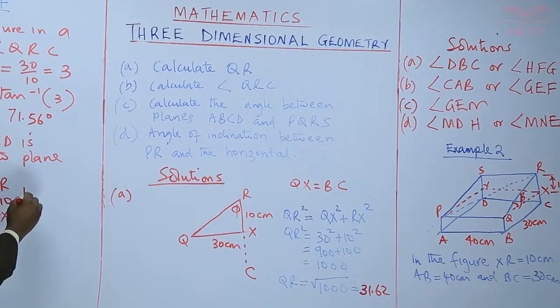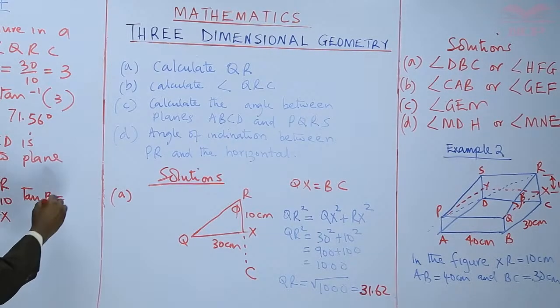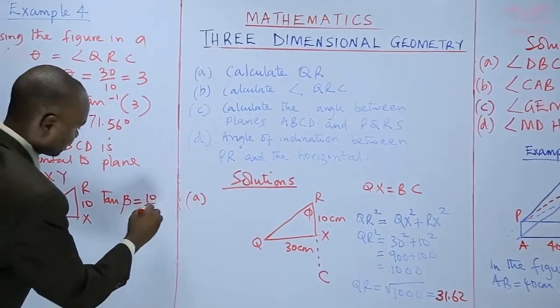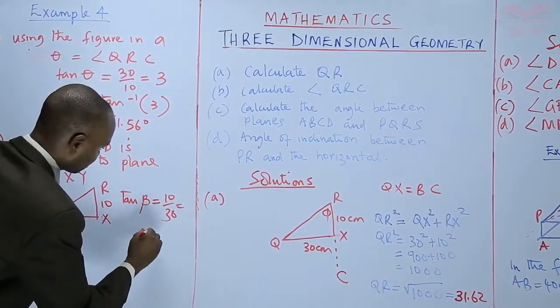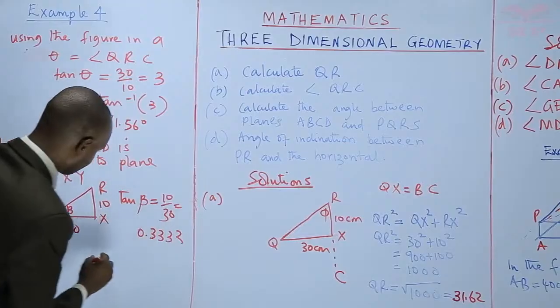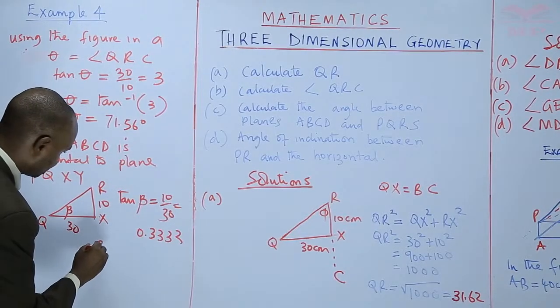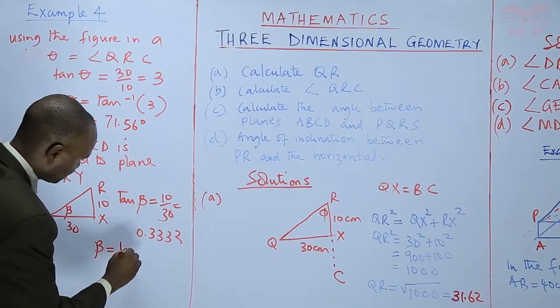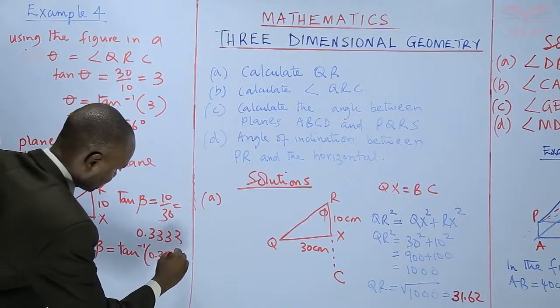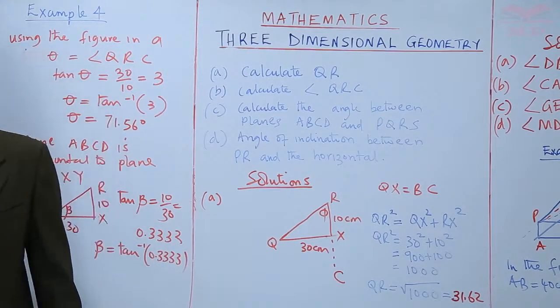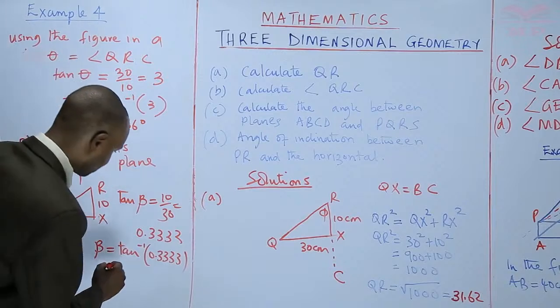So tan alpha is equal to 10 over 30, which is 0.3333. So alpha will be tan inverse 0.333. So you work out quickly with your calculators. You get 18.43 degrees.